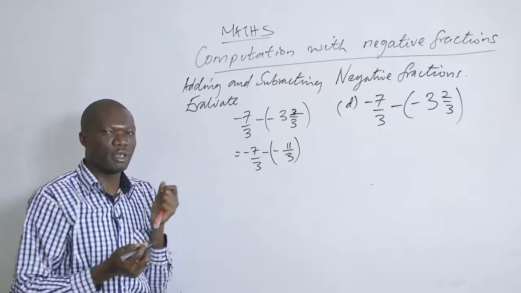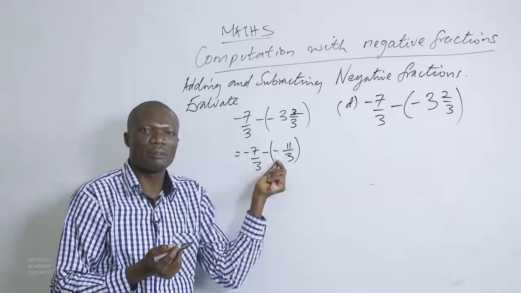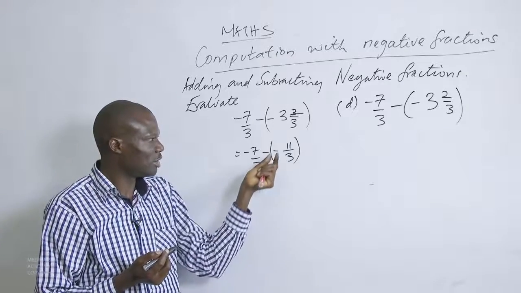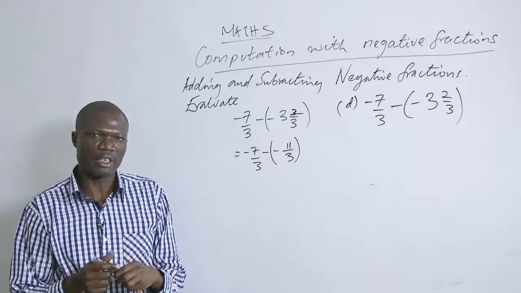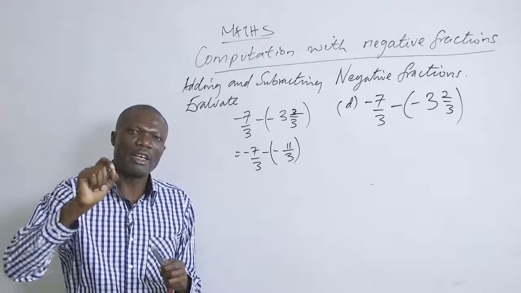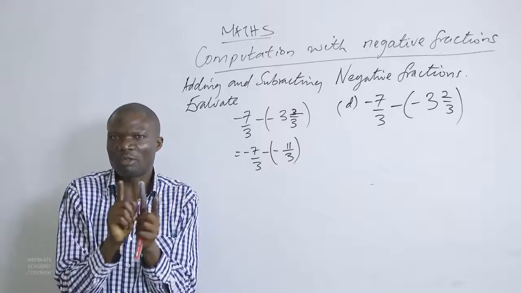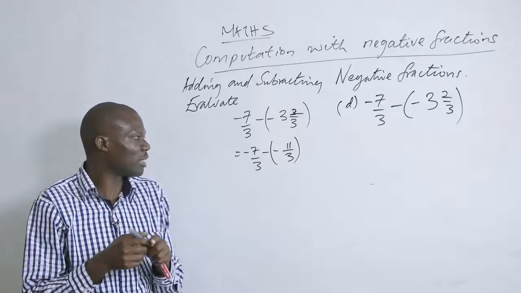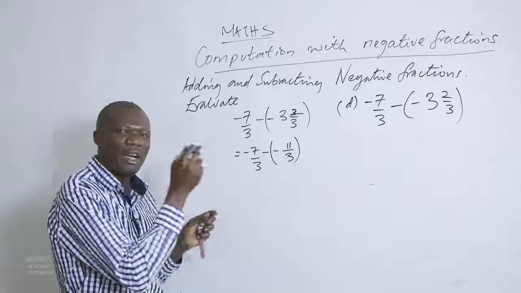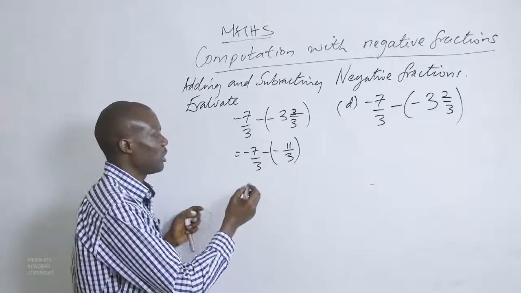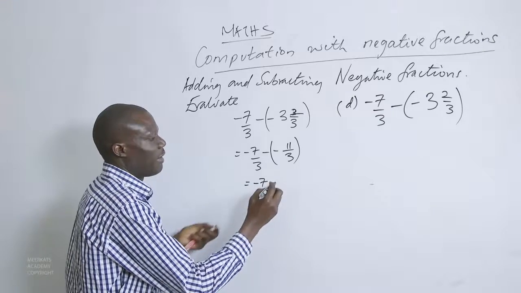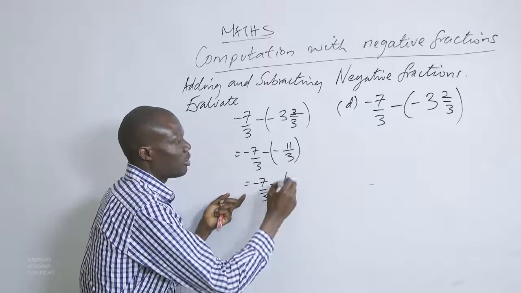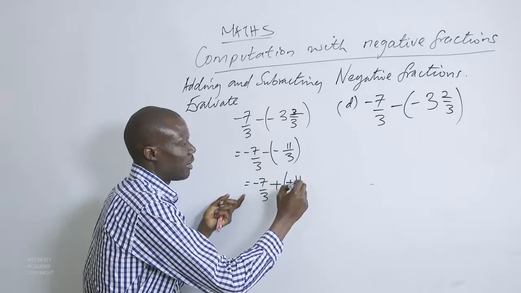It is a negative number minus negative 11 over 3. The rule said very clearly that when you are subtracting a negative number, it's the same as adding its opposite. What are we trying to say here? This one means that minus 7 over 3, add the opposite here, which is plus 11 over 3.